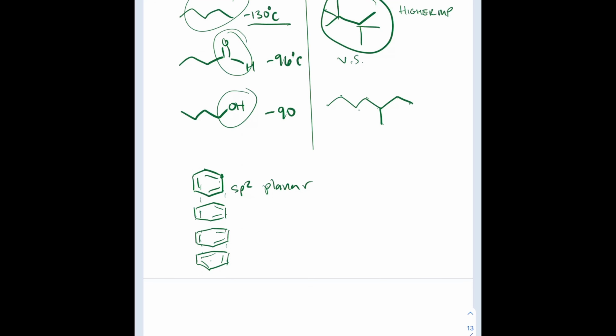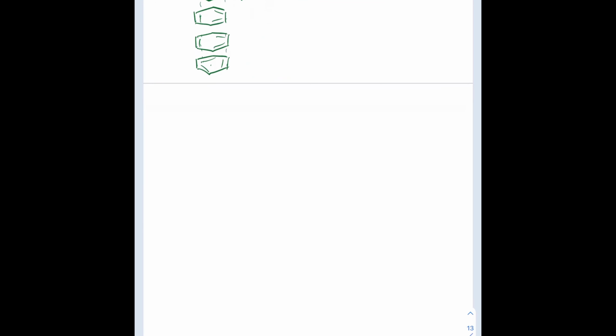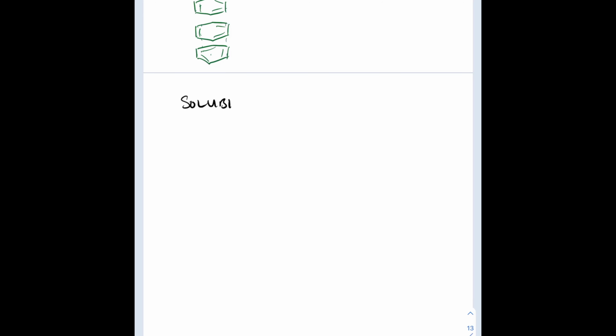All right, so let's go to the last physical property that we want to discuss, and that is solubility. Basically, what is solubility? It's the extent that a solute dissolves in a solvent.